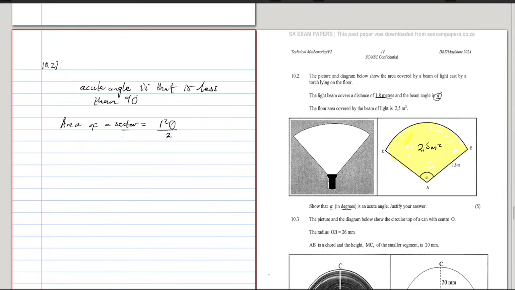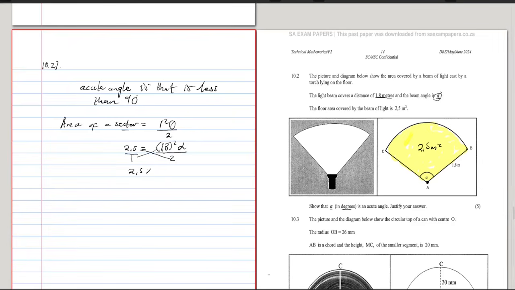So we do have the area of the sector, it's 2.5, equals, what is the radius? The radius is this length from the center to the circumference. That's the radius, 1.8 squared. Then we have alpha as theta. Divide this by 2, divide by 1, cross multiply.